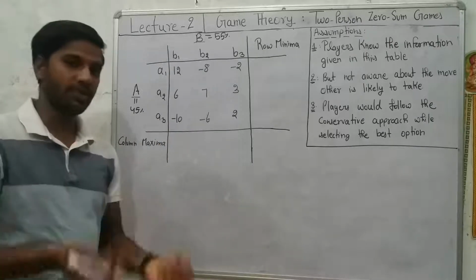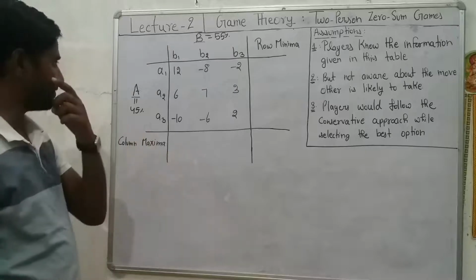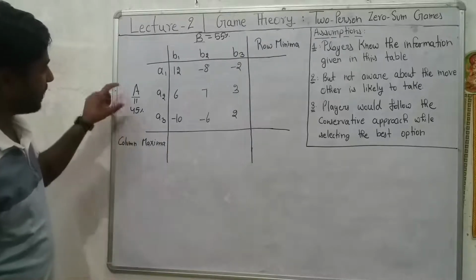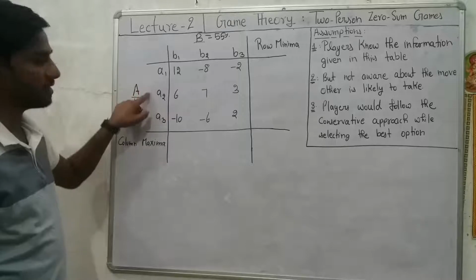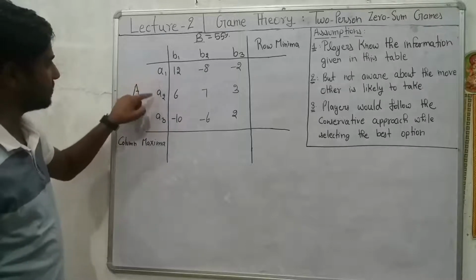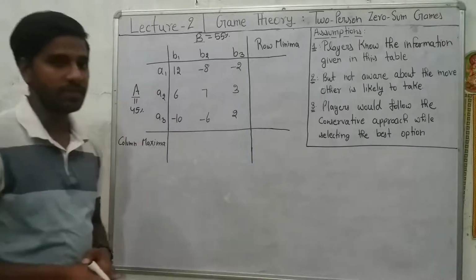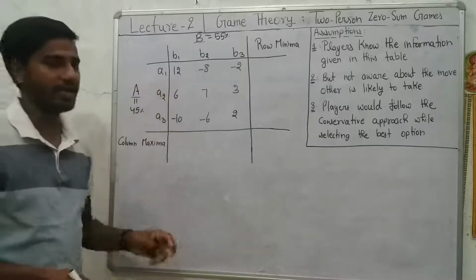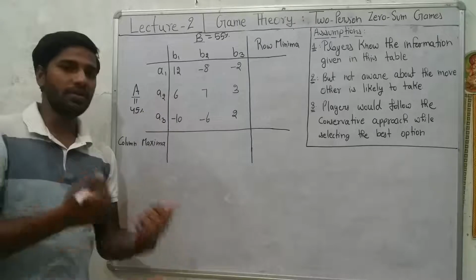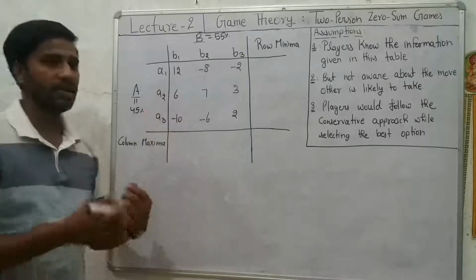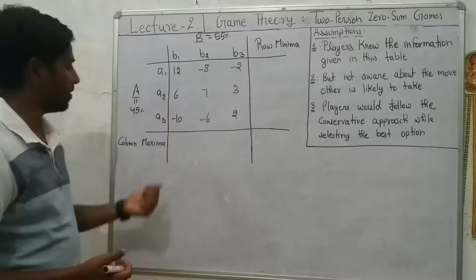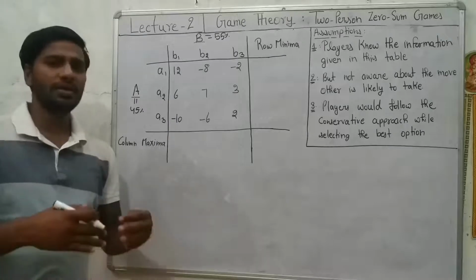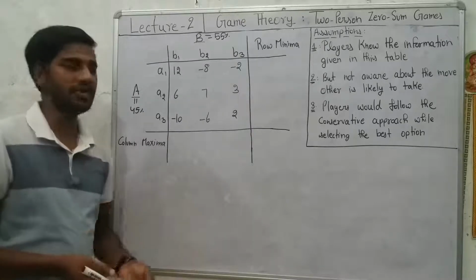For that purpose, in this particular illustration, suppose A has three different strategies: strategy 1, strategy 2, and strategy 3, and they can be related to anything. A1 can be low advertisement, A2 can be related to sales promotion, and A3 can be related to high advertisement.